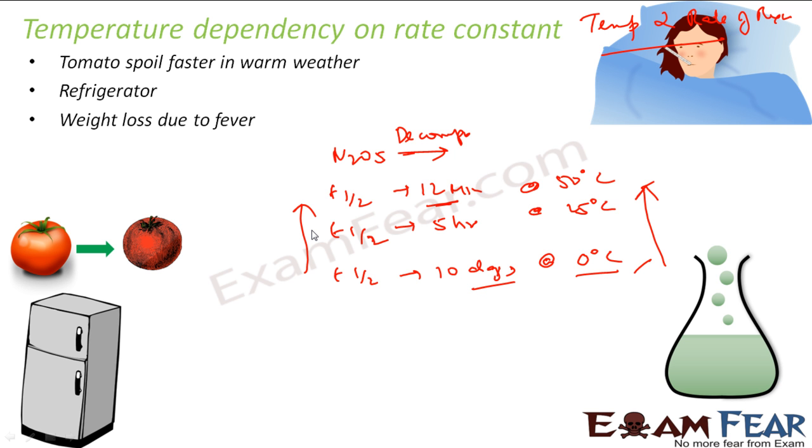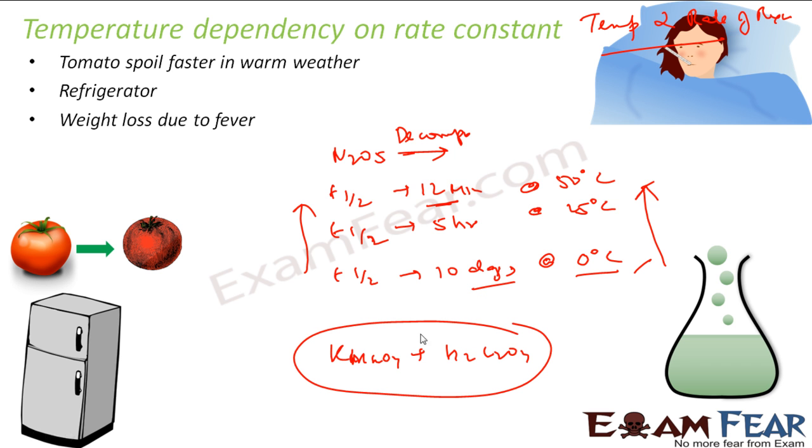Correct? Also, if you see the mixture of KMnO4 and oxalic acid, KMnO4, potassium permanganate, will lose its color or decolorize faster at higher temperature.